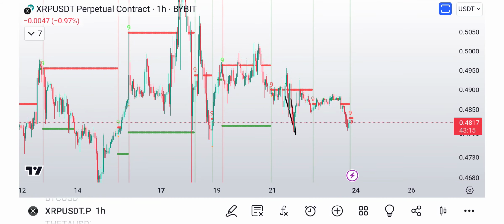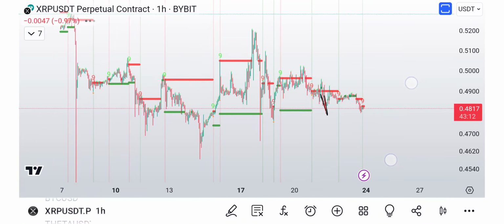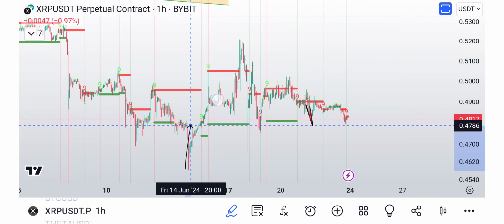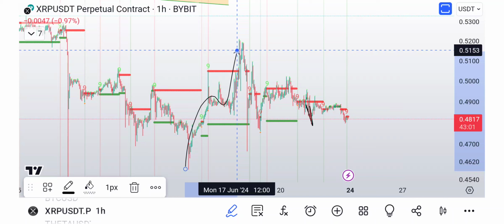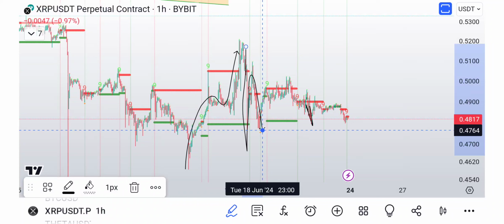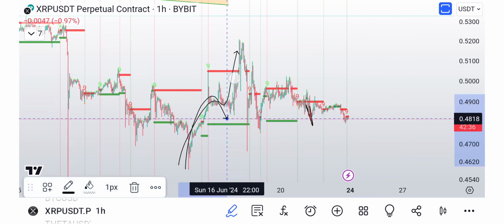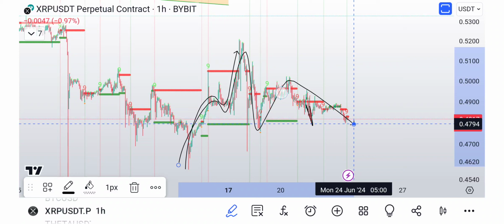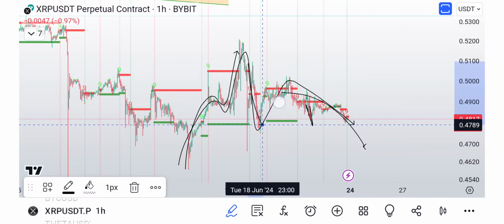XRP just looks like a mess. It's very hard to read XRP right now. My best guess is we have 1, 2, 3, and another 3 there. But I would actually say 1, 2, 3, 1, 2, and then we're getting 3 coming down.